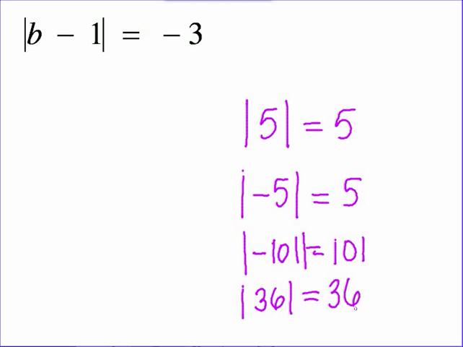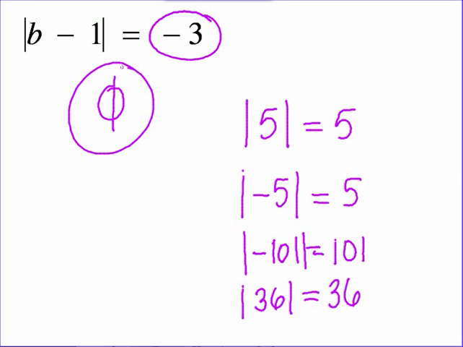All these answers have what in common? Positive. They're all positive. What is this answer? Negative. Can I ever get a negative answer from an absolute value? No. So what do you guess my answer is here? Three. Yeah, good call. So whenever you have an absolute value all by itself equals something negative, it can't happen. It's a donut. Okay.